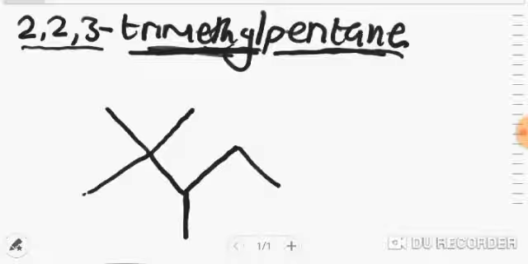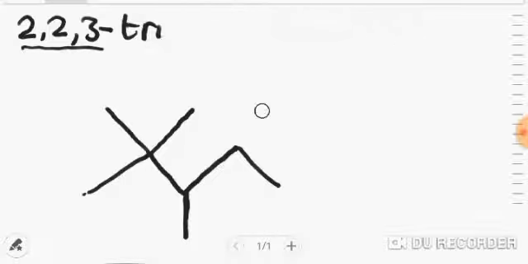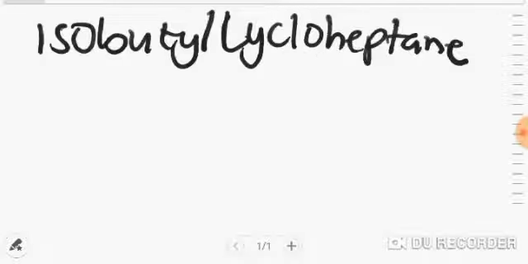Now let's move into the next one. We erase this one, and then we do the next one. We have isobutylcycloheptane. So cyclo means we're dealing with a cyclic structure.